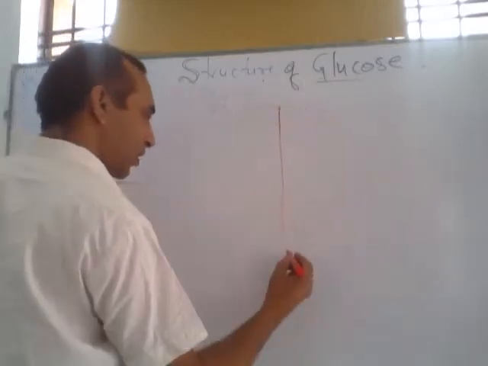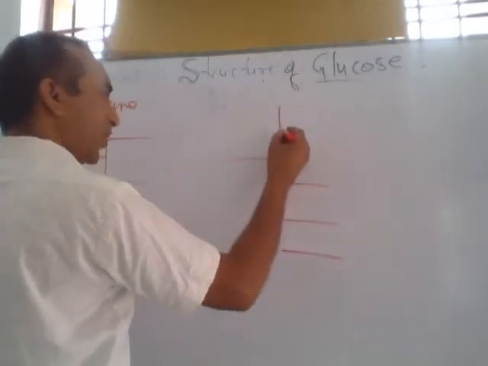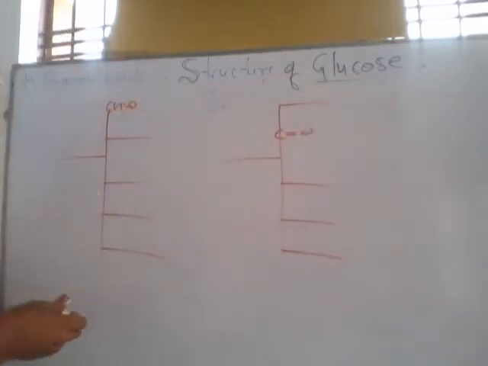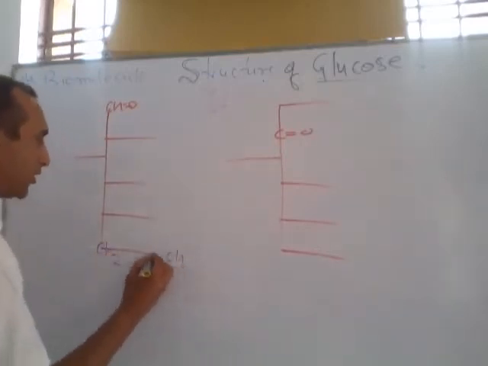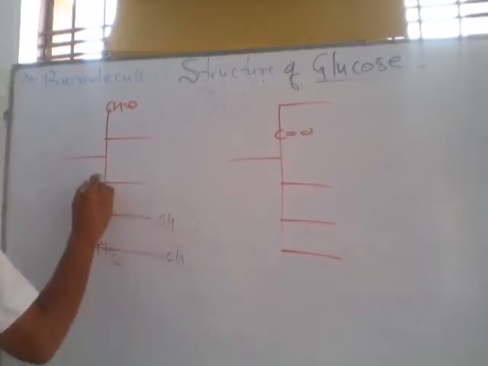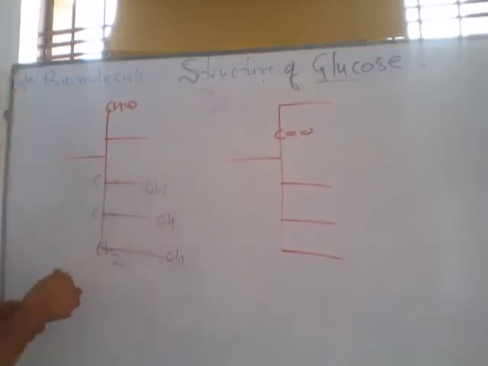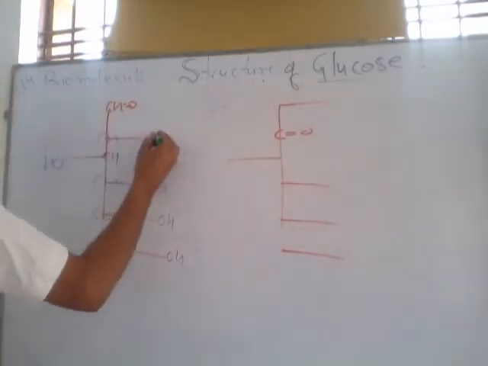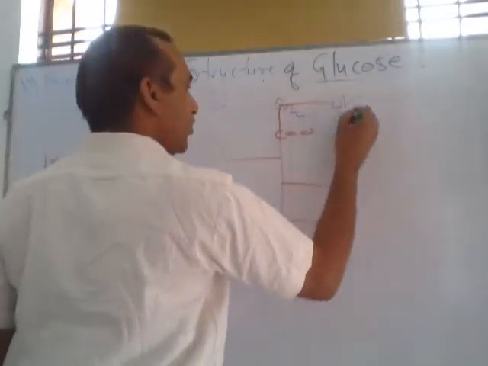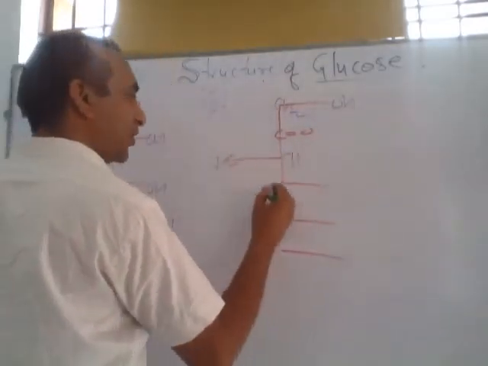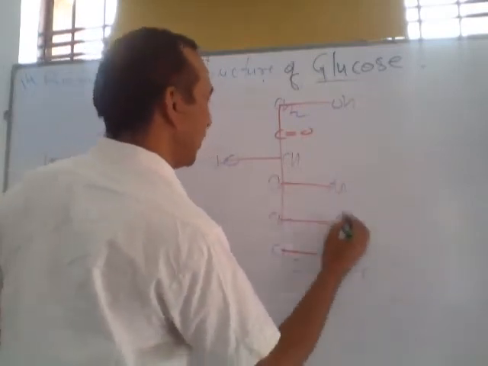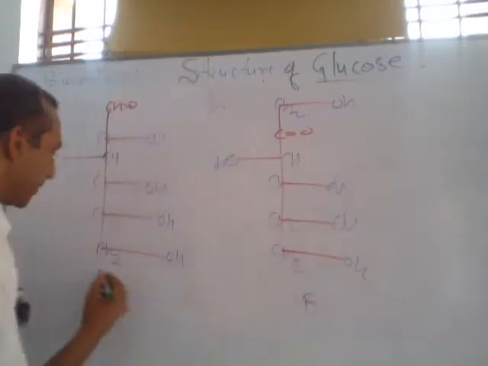In fructose, 1, 2, 3, 4, there is a ketonic group and this type of organization. Here is CH2OH, CHOH, CHOH. Here the configuration is changed. CHOH, CHOH. This is CH2OH, CHOH, CHOH, CHOH, CH2OH here. So this is called fructose, but this is called glucose.